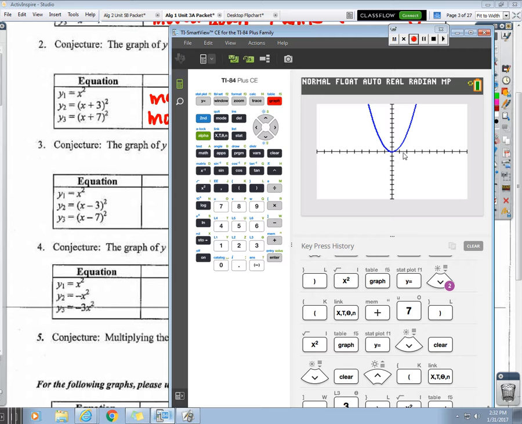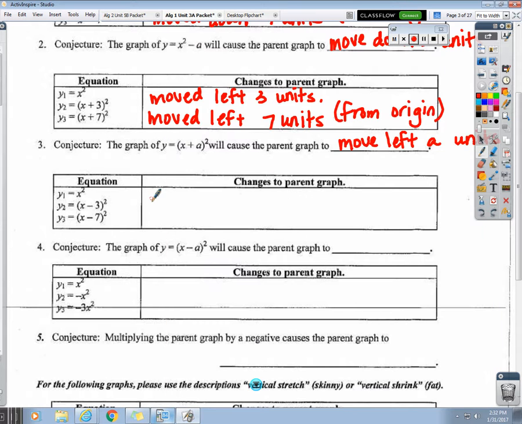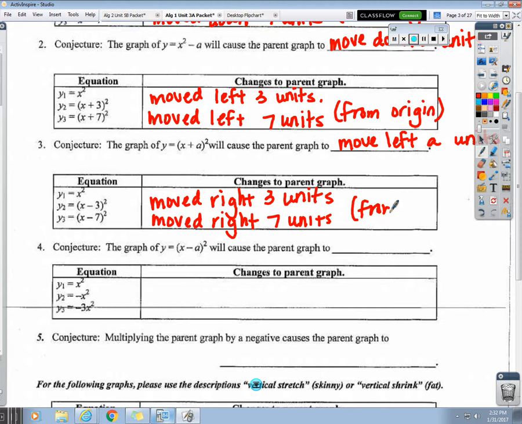But it actually moves it to the right 3. So what do you think is going to happen when you type in x minus 7 all squared? It's going to move right 7 units. And that's from the origin.